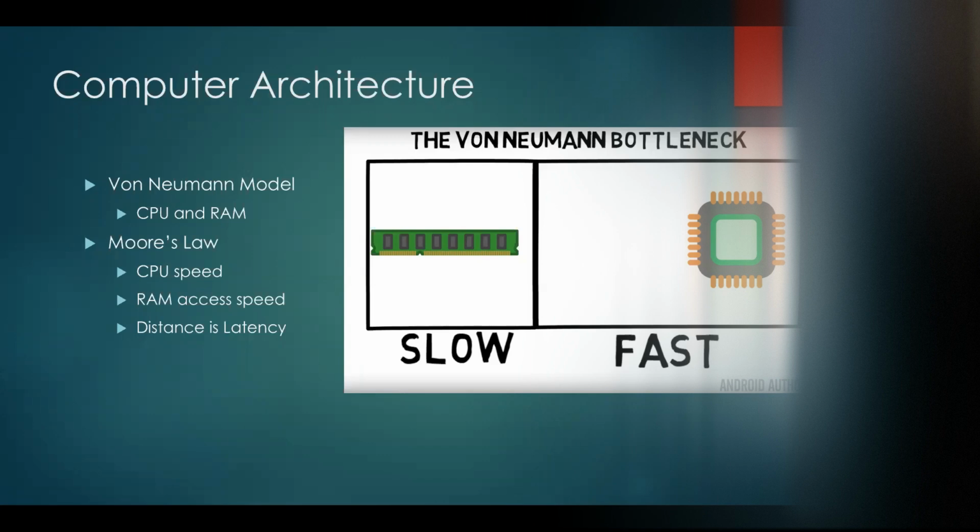Now, the problem that we have in this model is that because of Moore's law, we know that CPUs are really, really fast. They're getting faster all the time until, well, recently where we hit a temperature bottleneck. But other than that, CPU speed has really increased through time. And unfortunately, memory hasn't kept up with the speed.